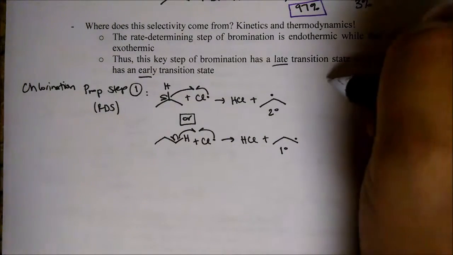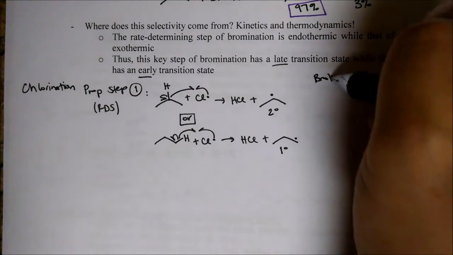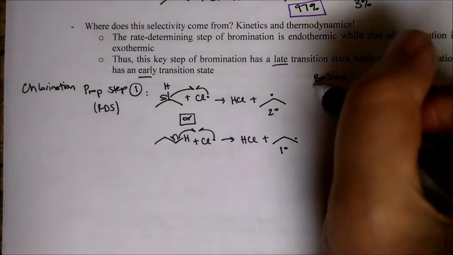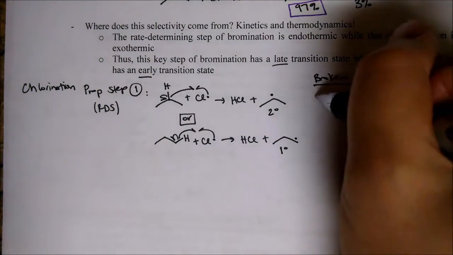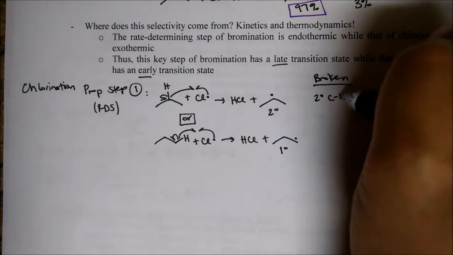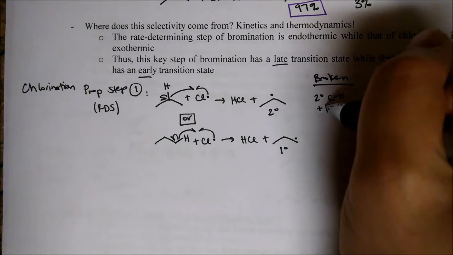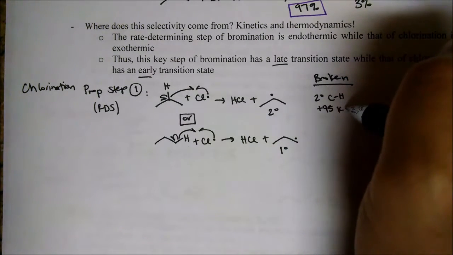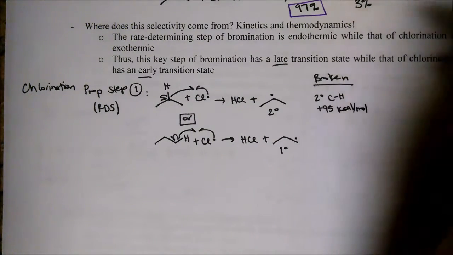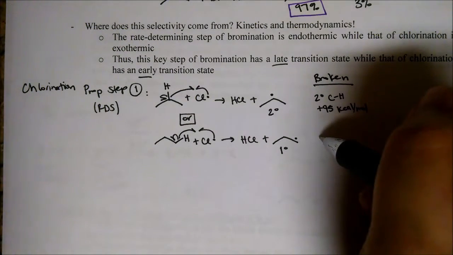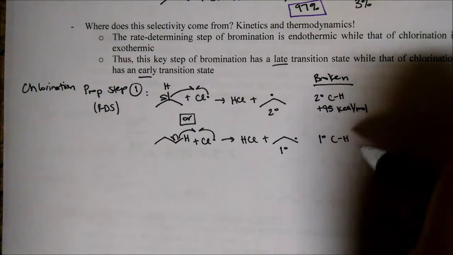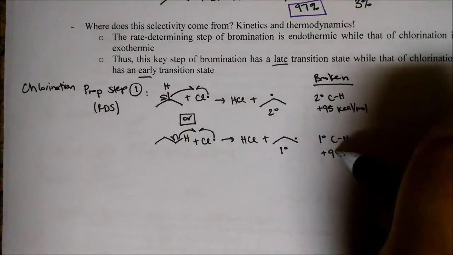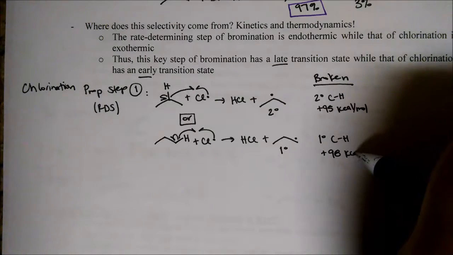In each of these cases, which bonds were broken and which were formed? In this one, it was a secondary CH, and that is plus 95 kcal per mole BDE. And in this one, it was a primary CH, and that was plus 98 kcal per mole.